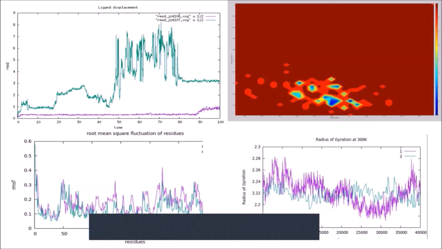It's going to move. In the first graph at the top left corner, the green one varies so much with the progression of time, while the pink one does not vary so much. This is in terms of root mean square deviation.